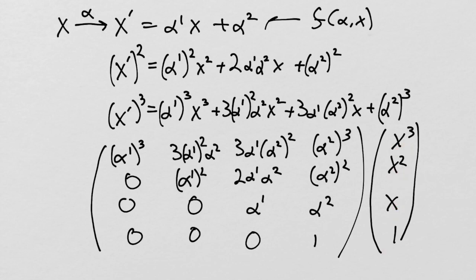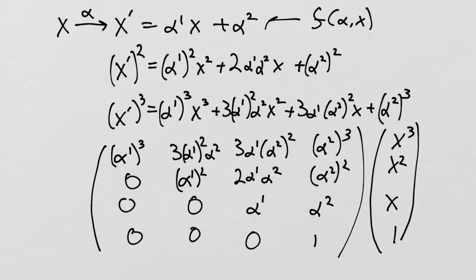And then executing this matrix multiplication on this vector will produce another vector, which will also have this form, which will turn out to be perfectly the cubes of all of the, the first row will end up being the cube of the transformation. The second row will end up being the square of the transformation, and the third row will end up being just the linear form of the transformation.